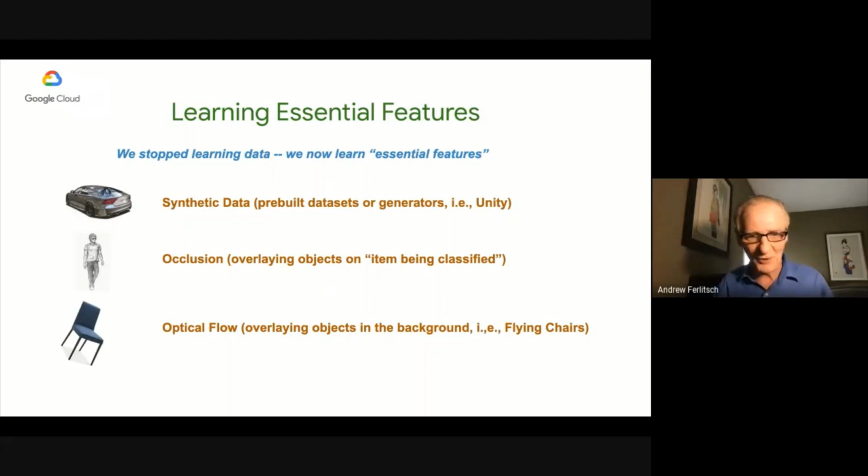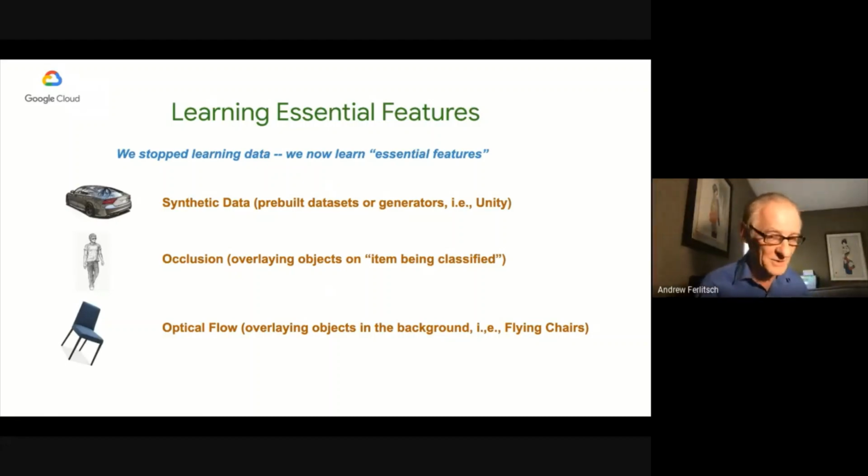I've said this before, but I really have to emphasize this. Today, when we're training a model, we're always talking about learning the essential features, not learning the data. We want to know what is it in those images that's essential to say what it is. Okay, and there are a lot of different techniques we use to assist us in learning essential features in addition to the full training.